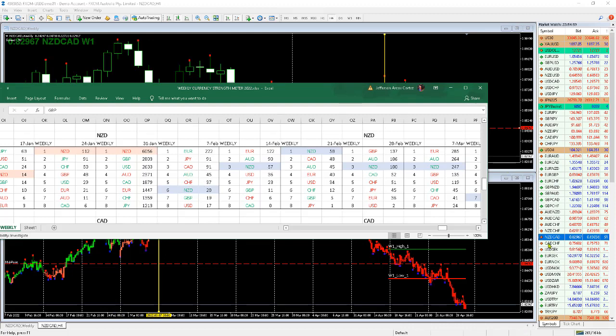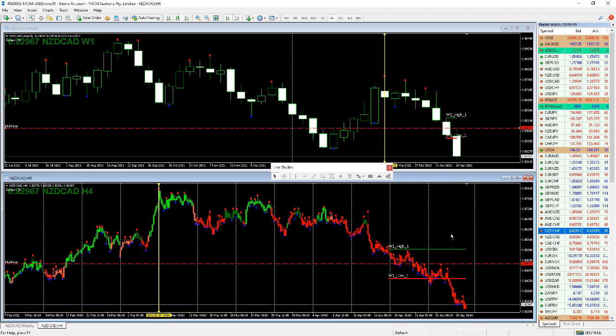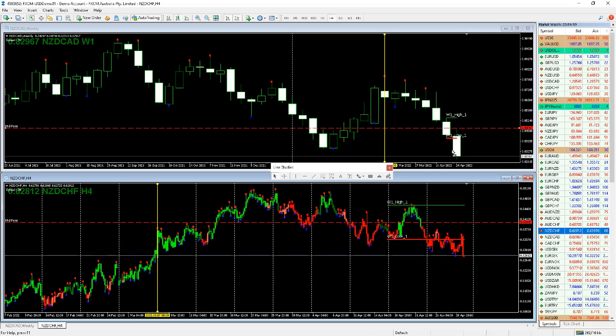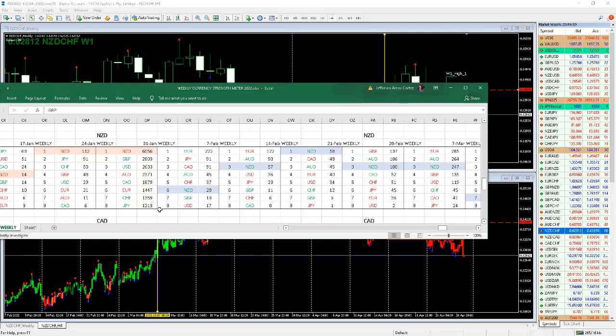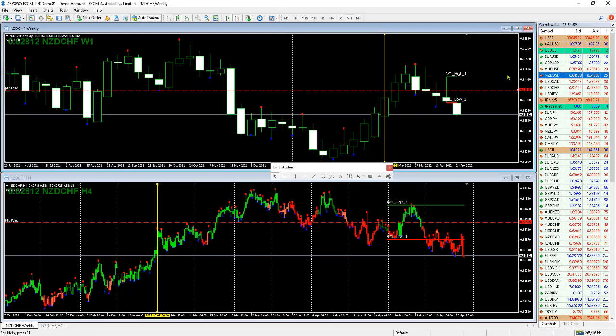New Zealand Swiss is another one that I don't even look at because of the potential that we have. As you see here, it's basing and running, and the same thing. Then we got the New Zealand US, as it is telling me over there.